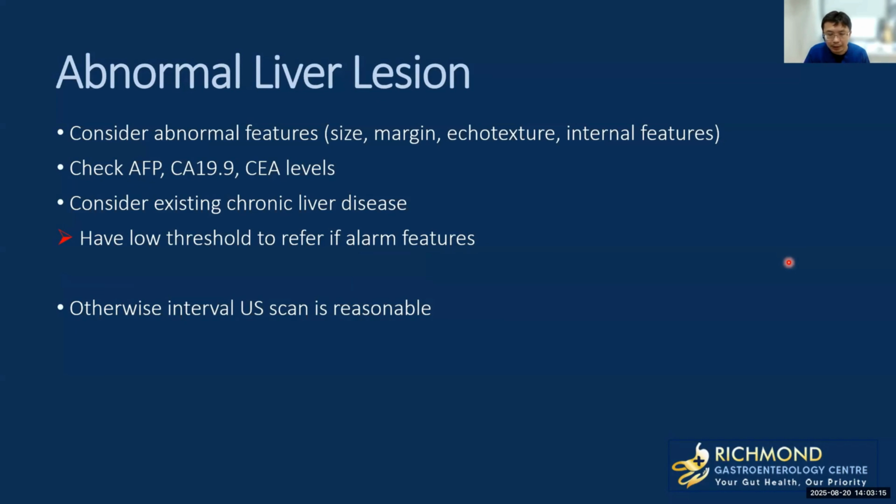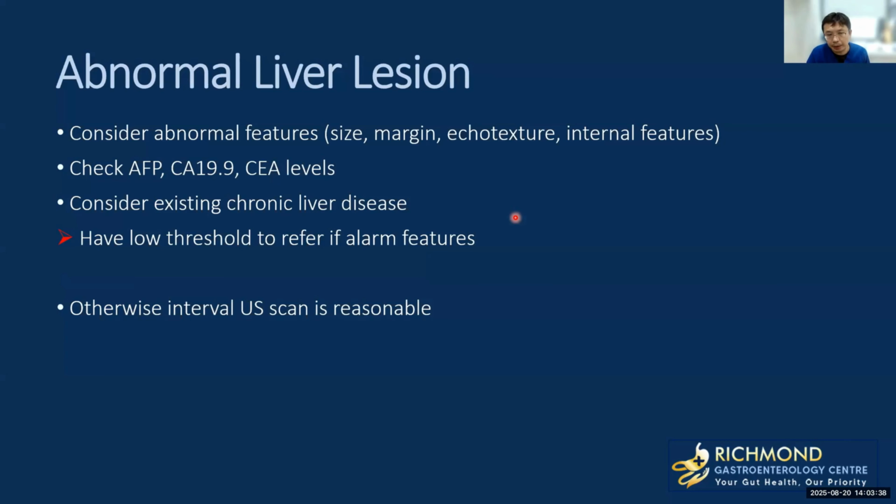Now, based on these lesions, when you see the patients at health screening, you need to consider several things. For example, the size. Is it big? Is the margin well-defined, or is it irregular? Does it have any irregular margin with increased echogenicity in certain parts of the lesion?